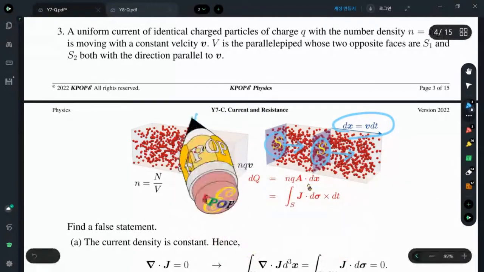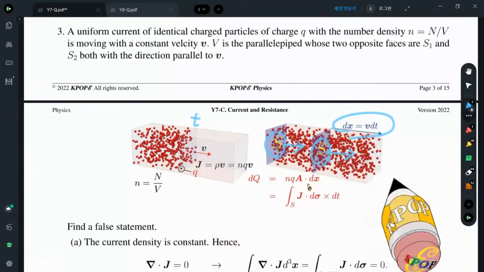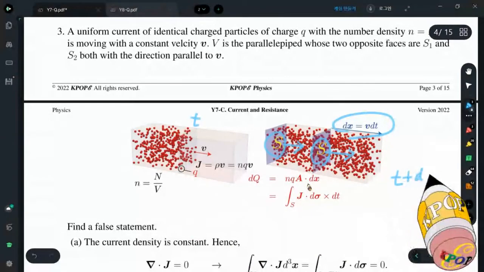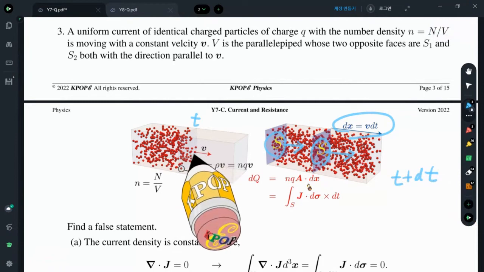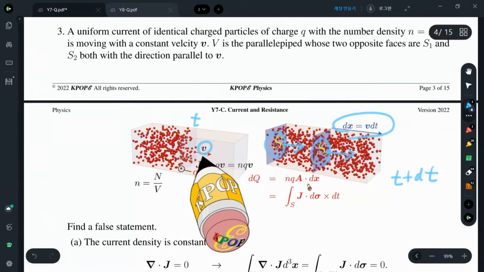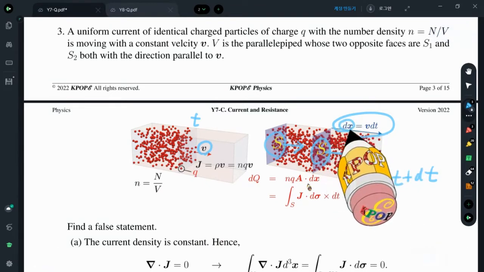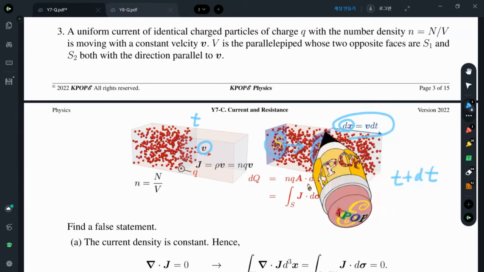This is at t, and this figure shows the situation at t plus dt. Because every charge is moving with velocity v, there is a displacement dx equals v times dt.